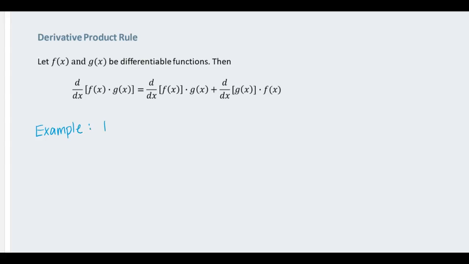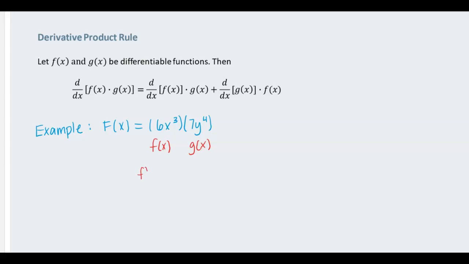Suppose that we have a function, we'll call it capital F of x, and it is 6x to the third power multiplied by 7y to the fourth. Let's call this first function f of x, and then we'll call the second one g of x.